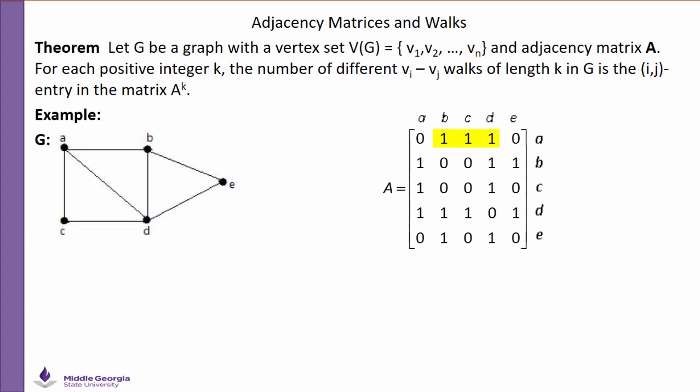So in the first row for vertex A, you see B, C, and D columns have a 1, and the other two are 0.